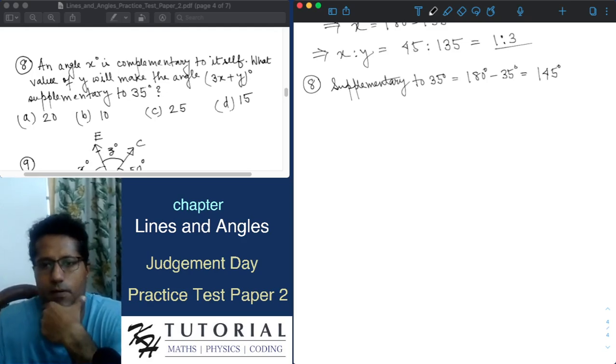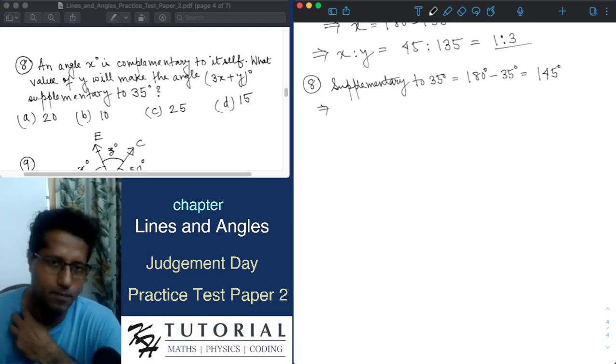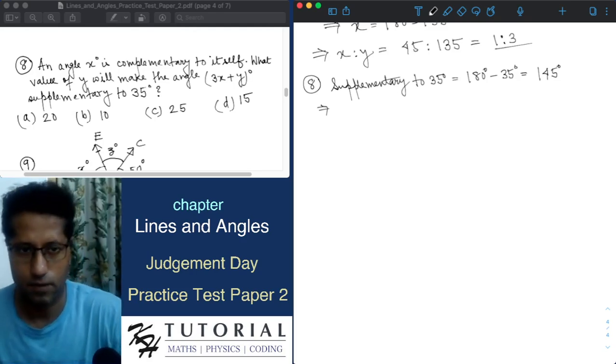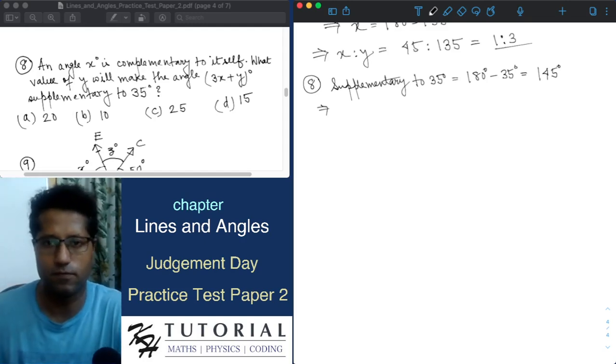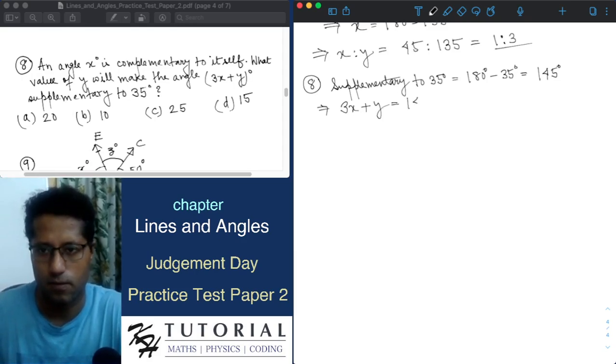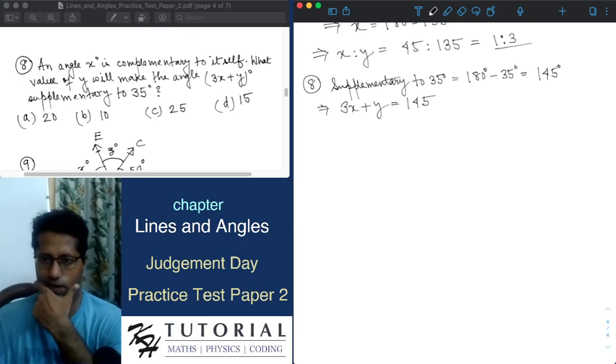So, as per the given problem, what value of y will make the angle 3x plus y degree supplementary to 35? Supplementary to 35 is 145. This means we must have 3x plus y equals 145. Now we can only find y if we know x.